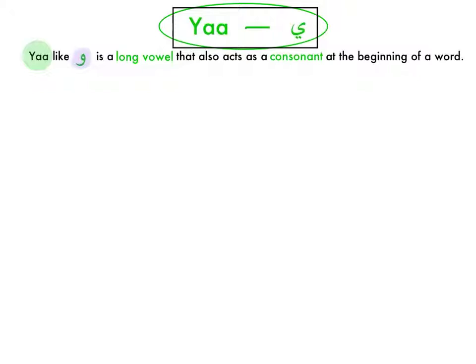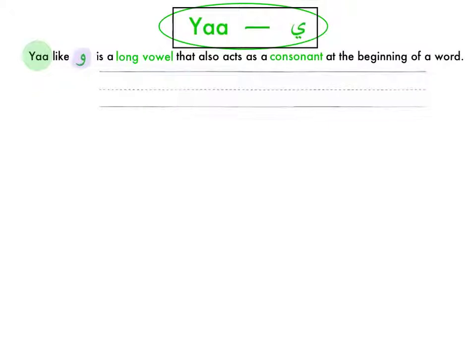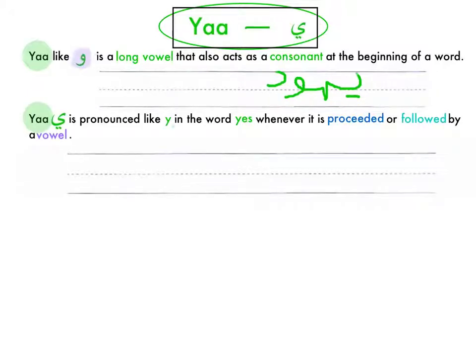In this part, we cover the letter ya. Ya, like waw, is a long vowel that also acts as a consonant at the beginning of a word. One example is the word Yahud, which means Jew. Ya is pronounced like the Y in the word yes whenever it is preceded or followed by a vowel.